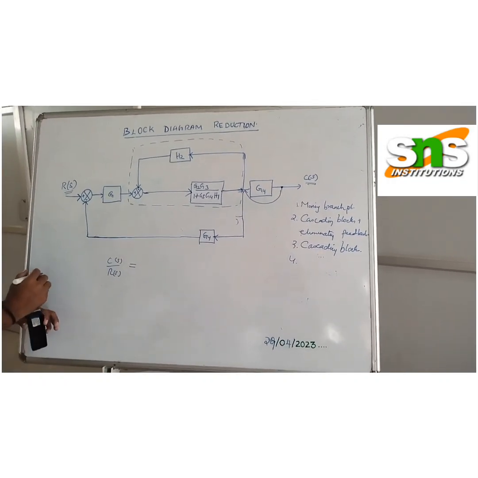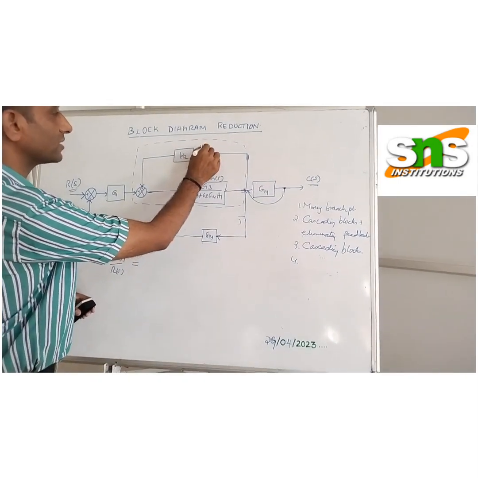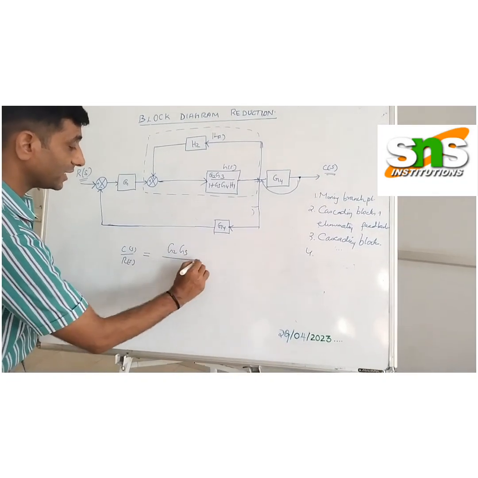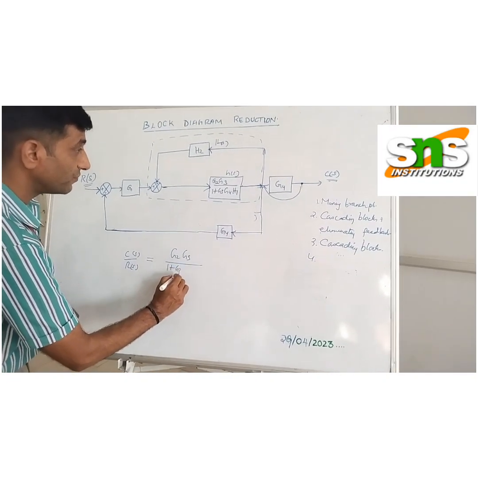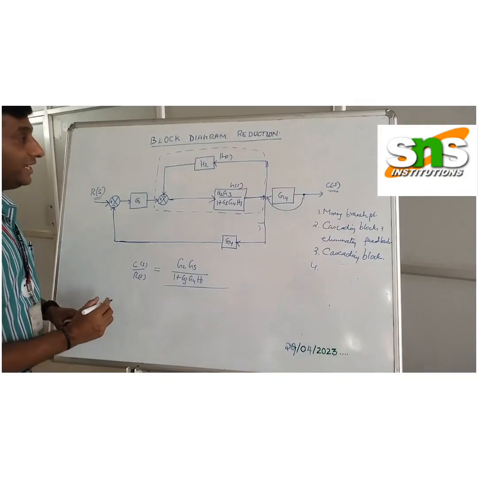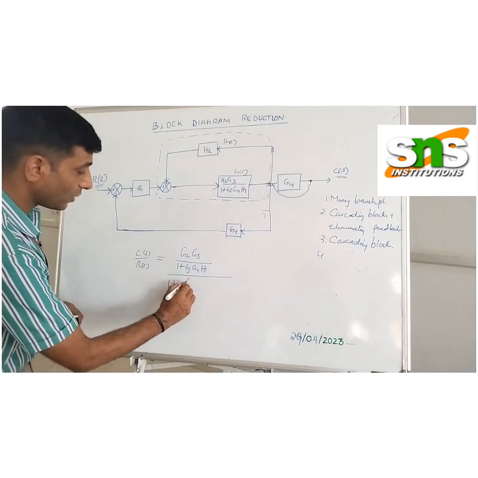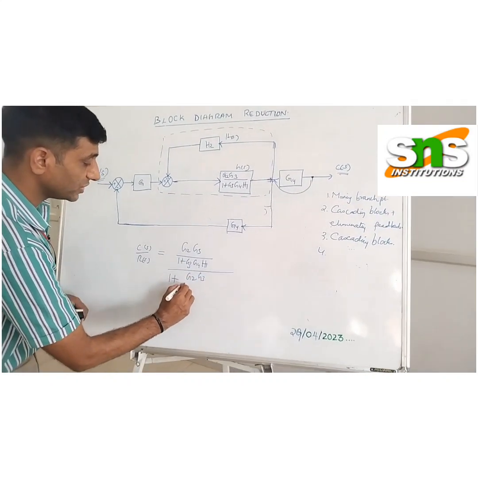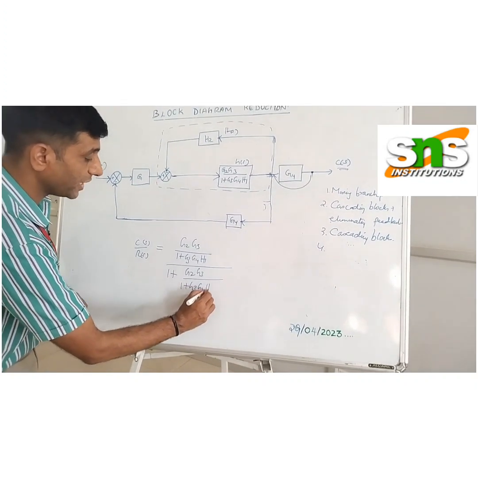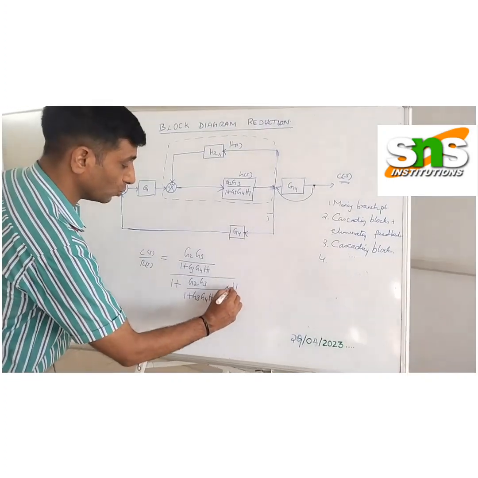Now which is equal to, so it is G of S, this is our G of S and this one is our H of S. So it is G2 G3 divided by 1 plus G3 G4 H1, the whole thing divided by G of S divided by 1 plus G of S. So I am writing it again, G2 G3 divided by 1 plus G3 G4 H1 into our H of S, which is nothing but H2.